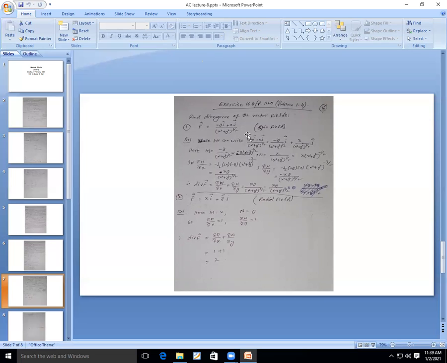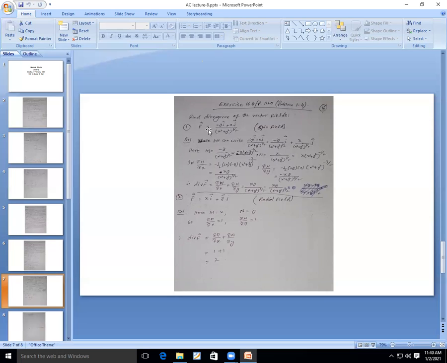If it comes in the paper to find the divergence of the spin field, you have to write this expression for the vector field F.